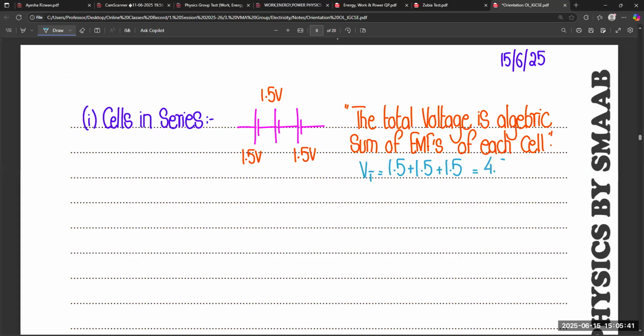So this will be the total voltage of all the cells connected in series combination.